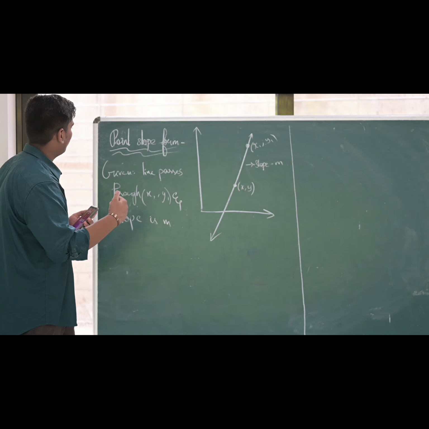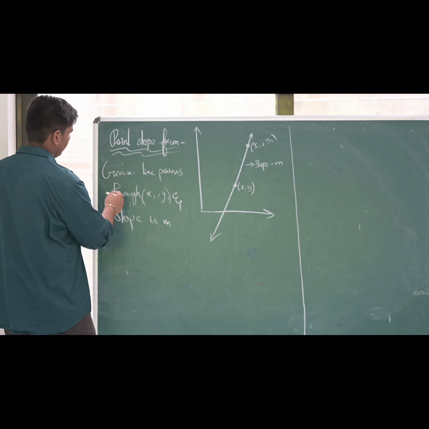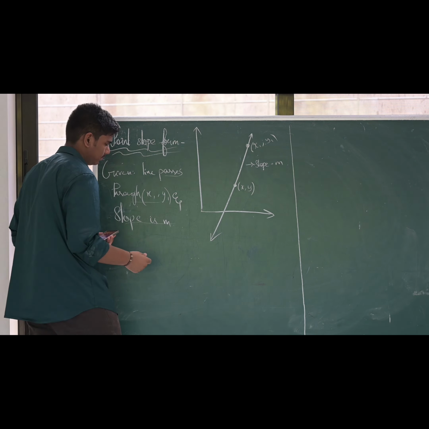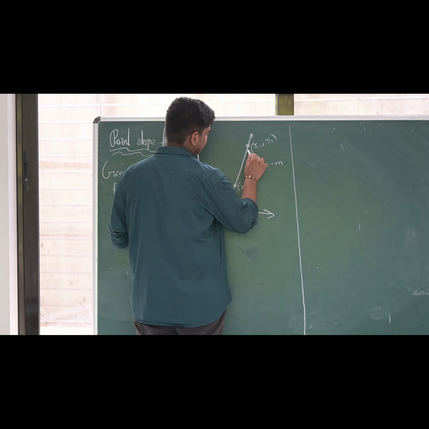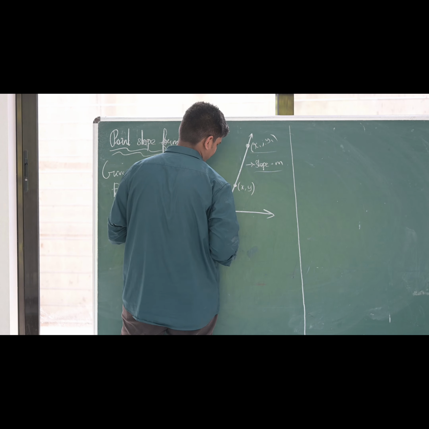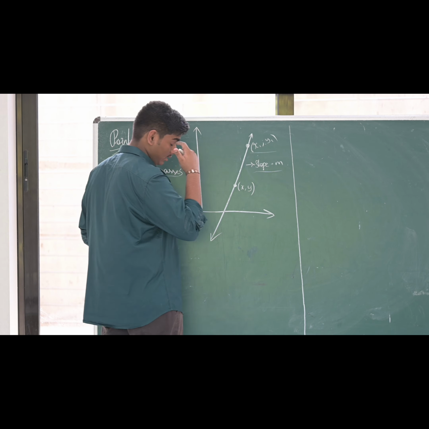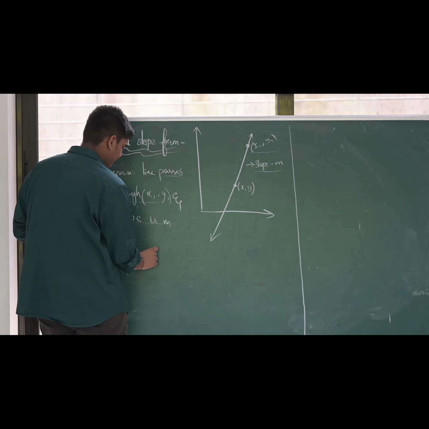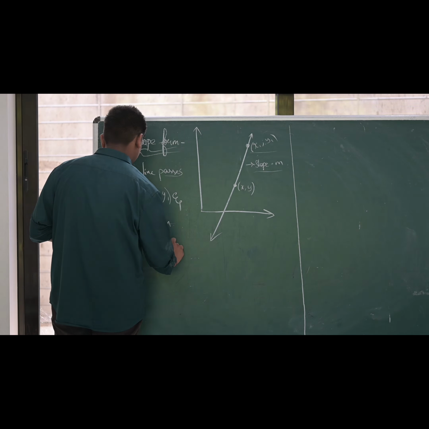So now finding the point slope form. They have given a line which passes through the point x1 comma y1, and the slope is m. They have asked to find the equation of the line. You know the equation of a line is y equal to mx plus c.